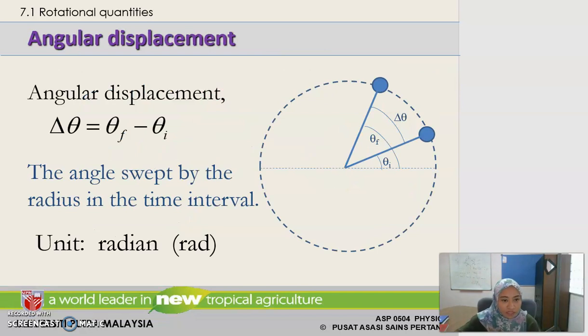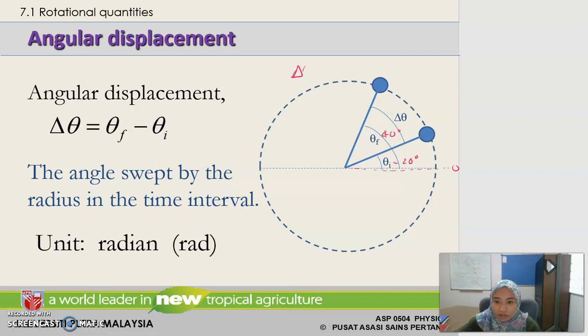So angular displacement is change in theta, whereby theta final minus theta initial. The angle swept by the radius in the time interval. Okay, so this is your reference point, 0, and this is theta 1. Let's say it's 20 degrees or 0.1 radian. You can say in radian or in degrees, and your theta final is, let's say, 40 degrees.